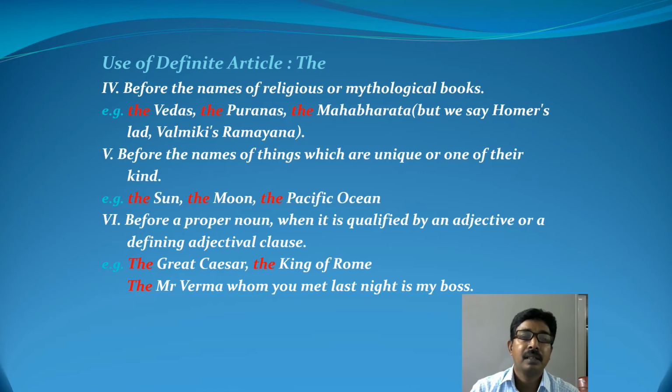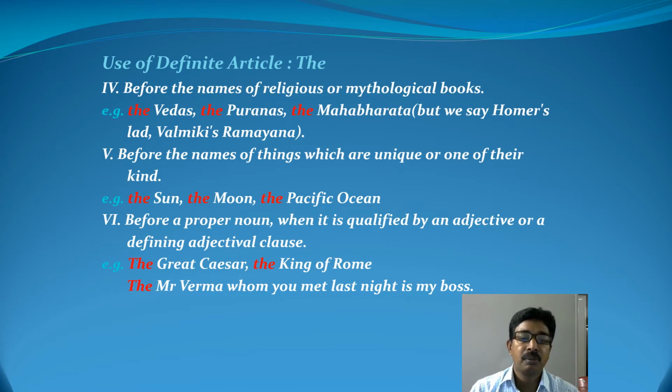And the is used before names of things which are unique or one of their kind. For example, the sun, the moon, the Pacific Ocean, etc.